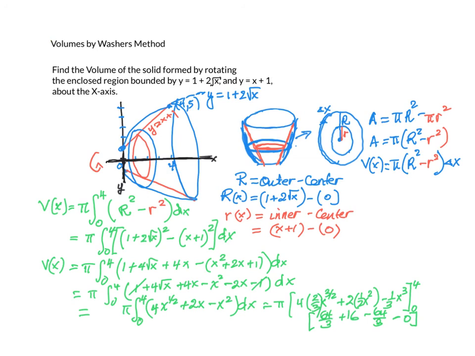It's going to be 64 over 3 minus 64 over 3. And don't forget the pi outside. Since everything cancels except 16, our final answer is going to be 16 pi cubic units. And that is our final answer.